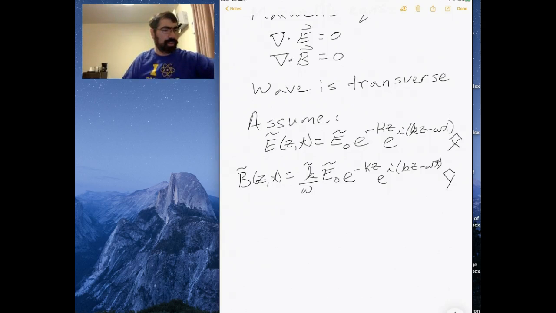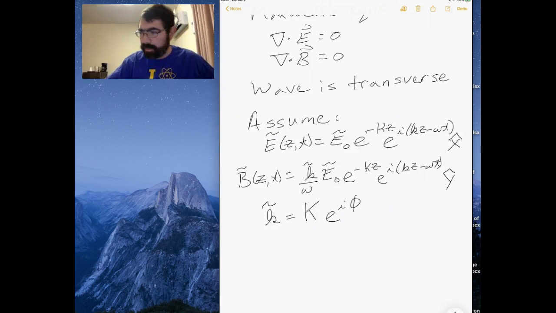Okay, so let's rewrite this in complex form, where this constant k tilde is some real number, capital K, times e to the i phi. Basically, we can write it as a real modulus times a phase angle.